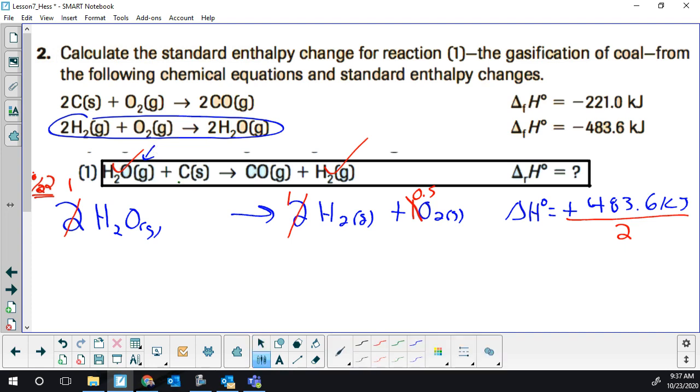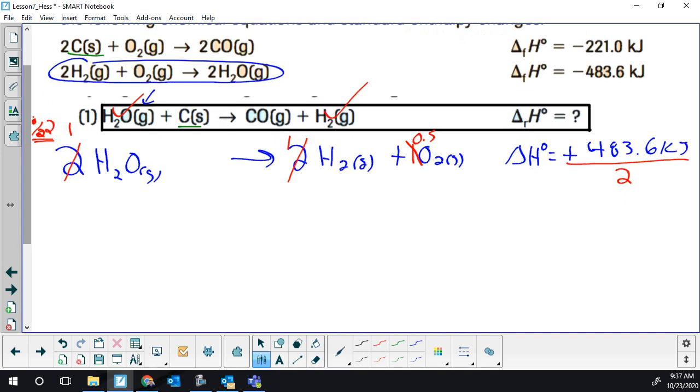So I need to get pure carbon, which is there. It's on the proper side, so I'm going to pull that down exactly as is. 2 solid carbon plus oxygen gas produces 2 carbon monoxide.